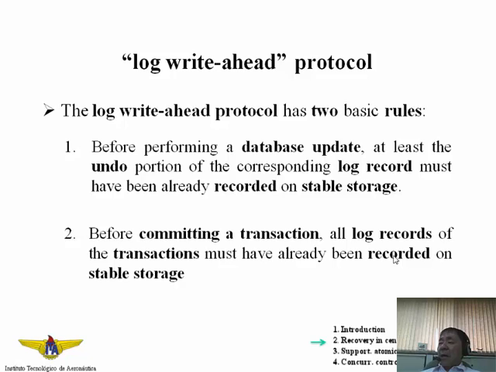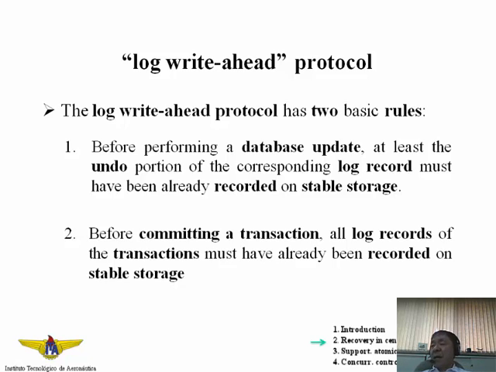The log write ahead protocol has two rules. One is that before performing a database update, at least the undo portion of the corresponding log record must have already been recorded on a stable storage.